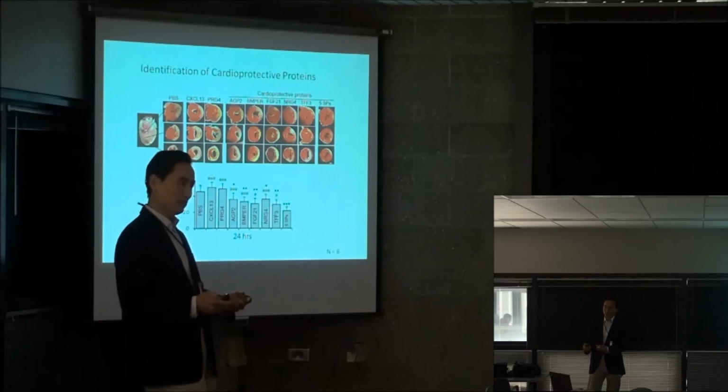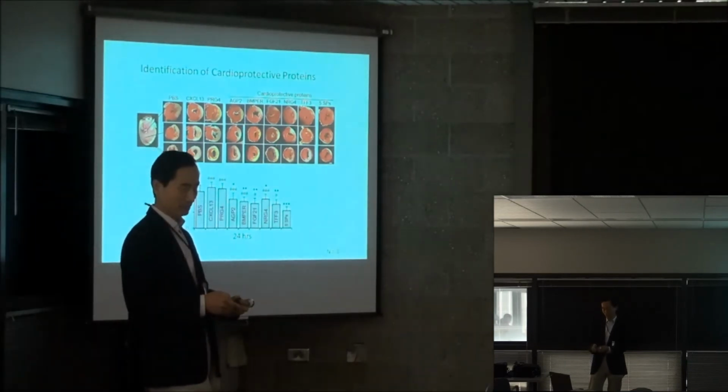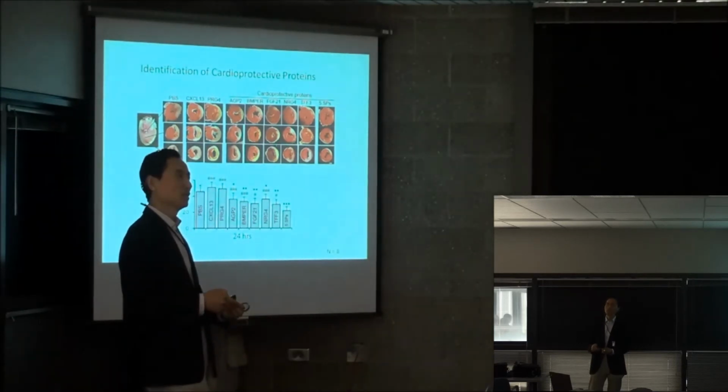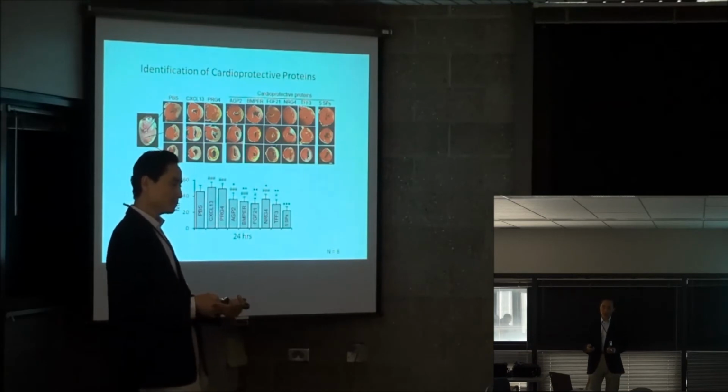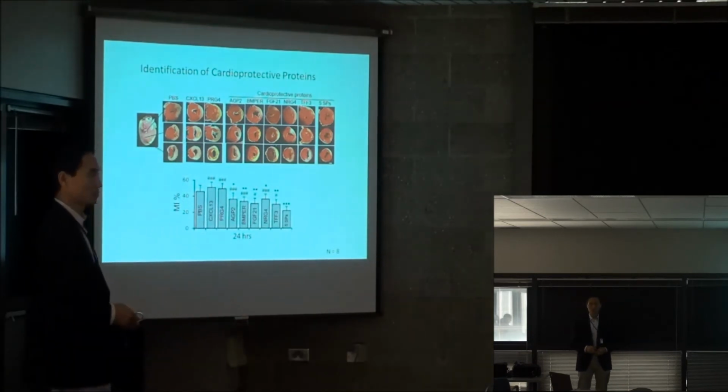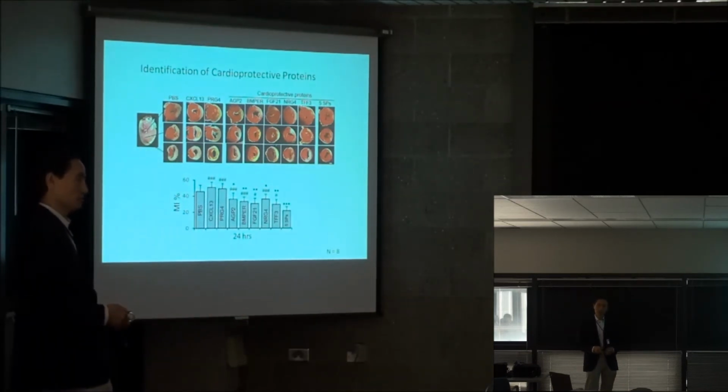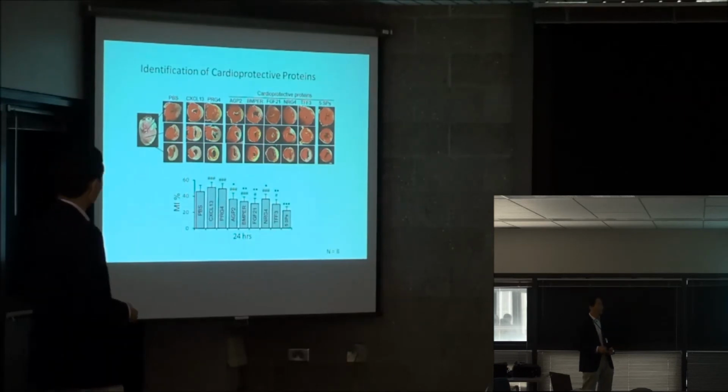Of the 9, actually we tested 7 proteins because amyloid A1, A2 are bad. We did not test those. The hypothesis was, well, these two might not do anything good for the heart, can only be bad.